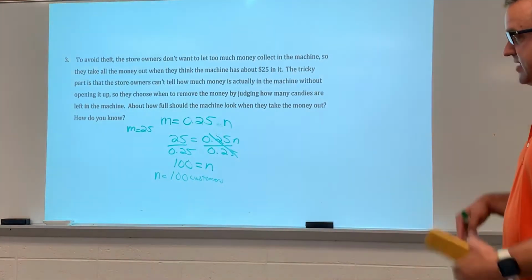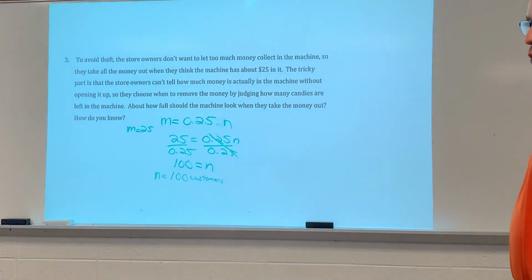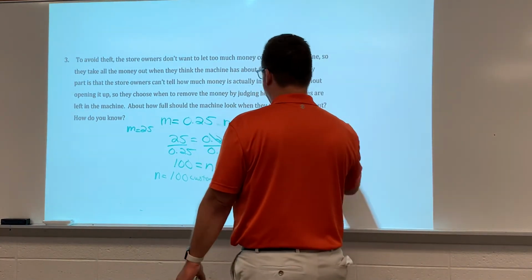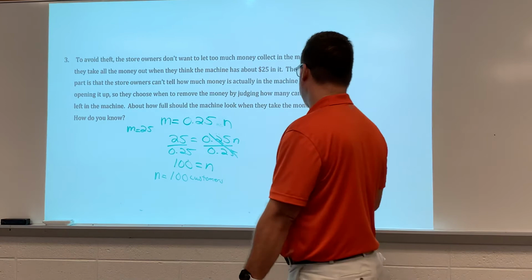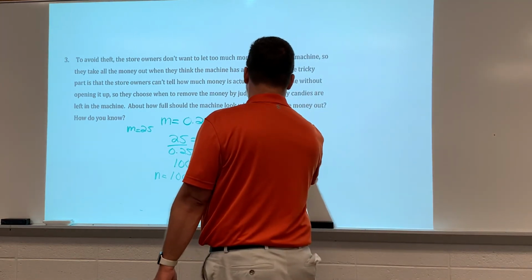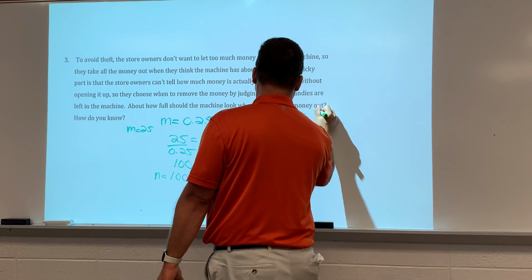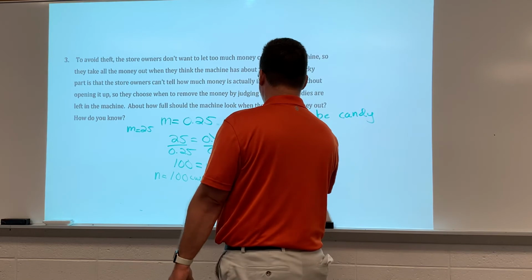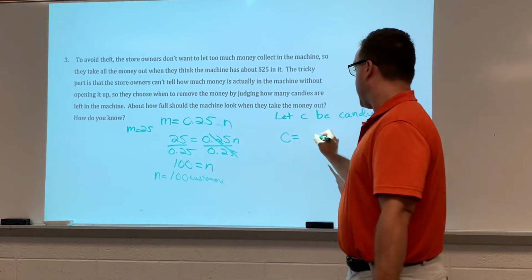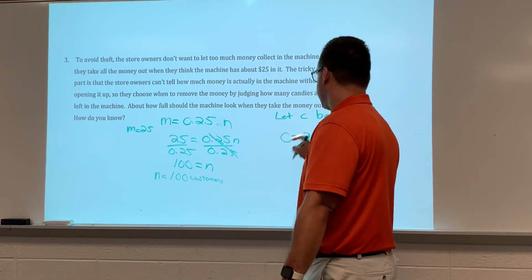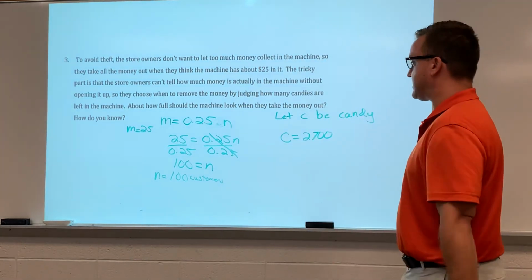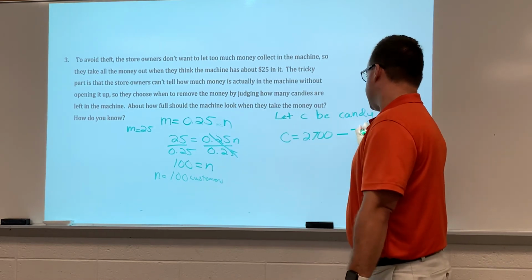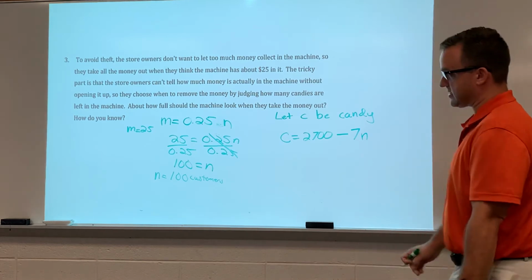Each customer took 7 candies out. If we're representing how much candy is left in the machine, let C be candy. Then C is equal to 2,700 pieces of candy, and each customer takes 7 pieces of candy out, so minus 7 times N, the number of customers.